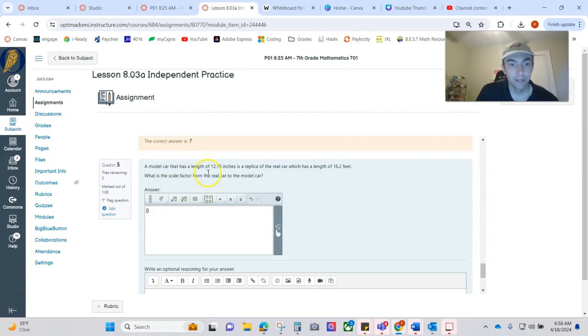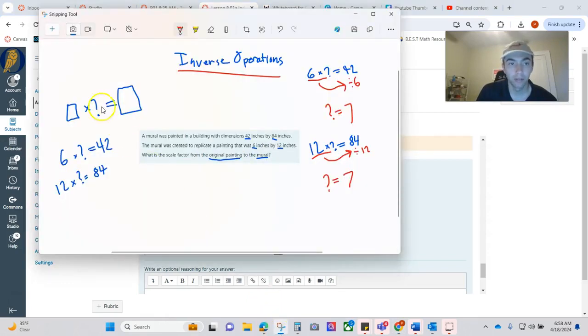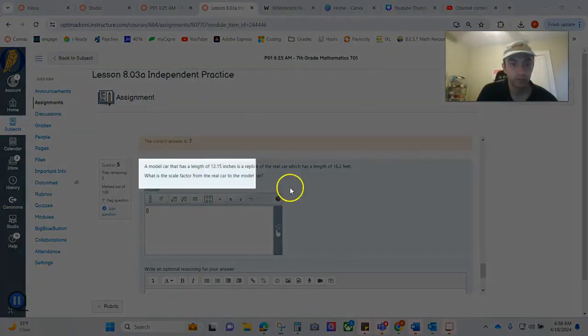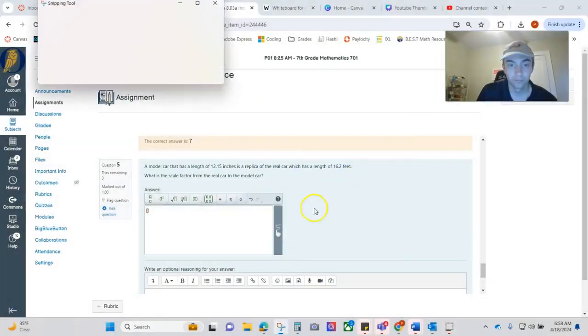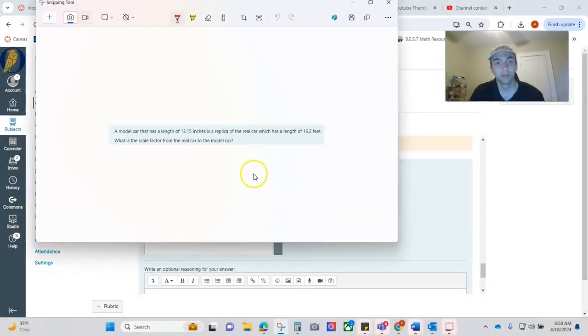A model that has a length of 12.5 inches is a replica of a real car that is 16.2 feet. What is the scale factor from real car to model car? Real car to model car.